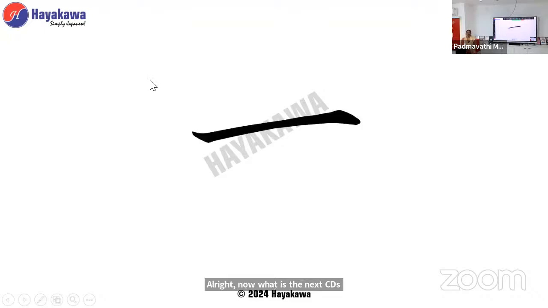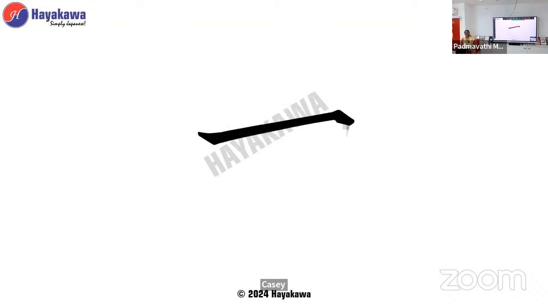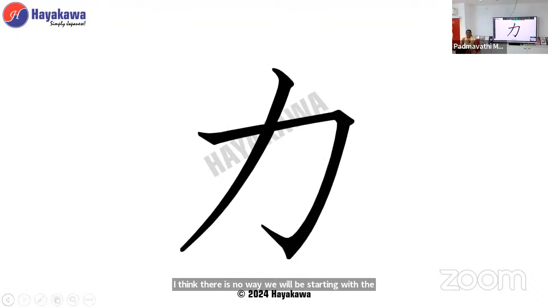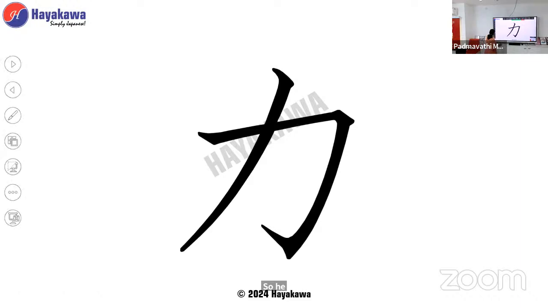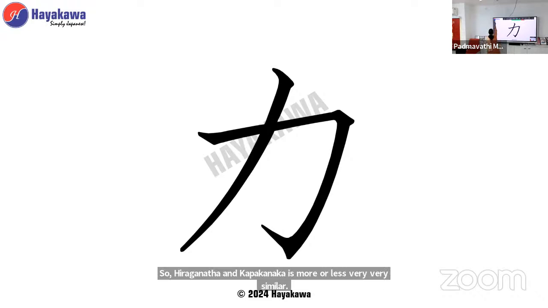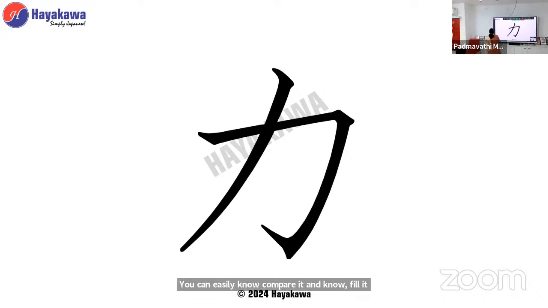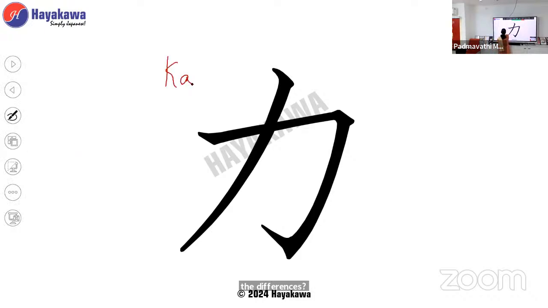Okay. K series, right? So K series, where we will be starting with the ka. So hiragana ka and katakana ka is more or less very similar. You can easily compare it and tell it out, right? So what is the difference? What do you think the difference is? Like a single stroke is not there.